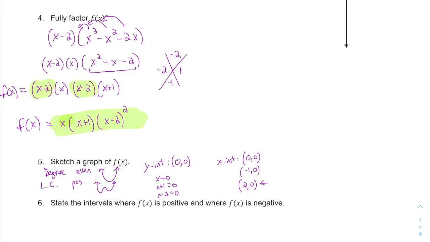And this x-intercept at 2, 0 has a multiplicity of 2, which means that we are bouncing off the graph at this point. Okay, we bounce off the x-axis. The multiplicities of 1 mean we cross the x-axis at these points.